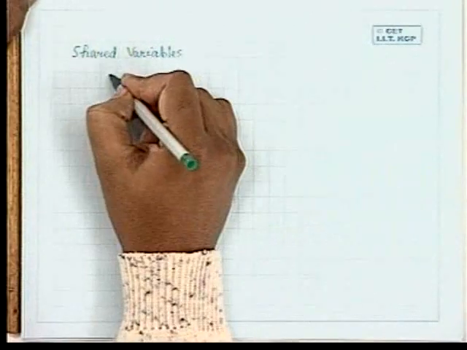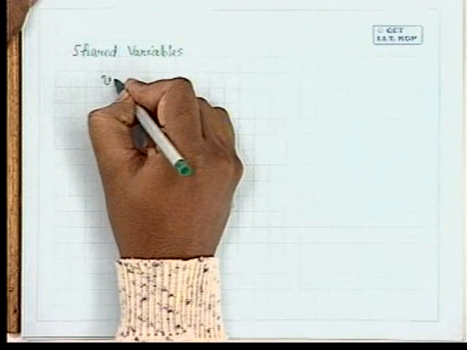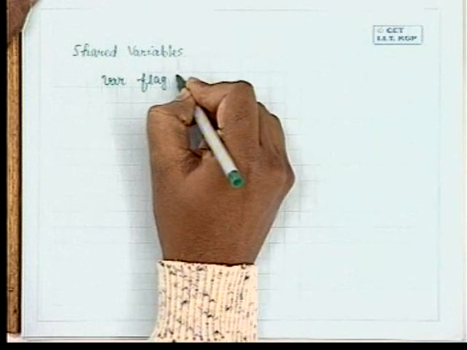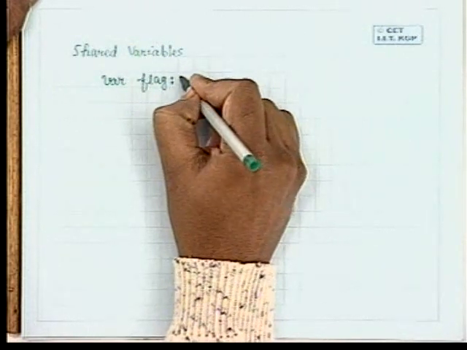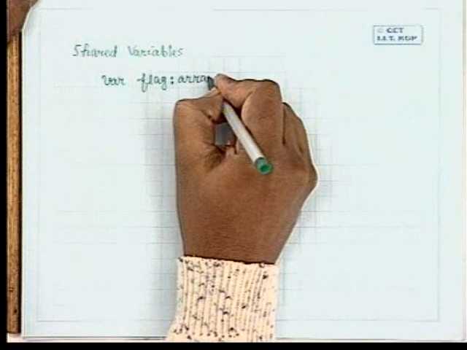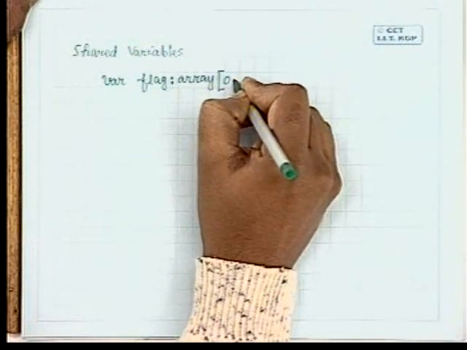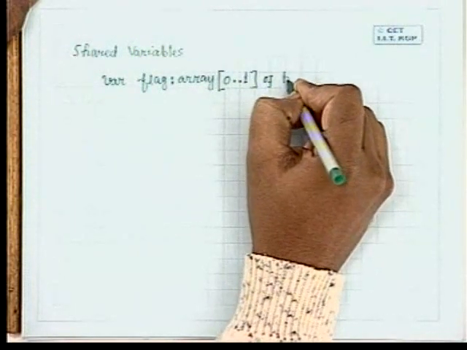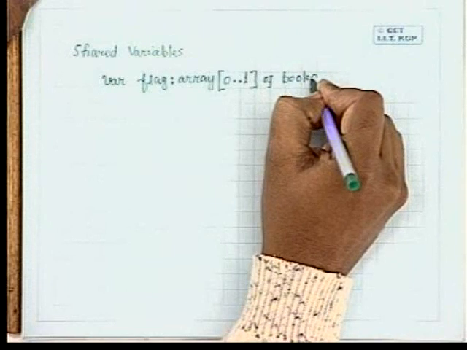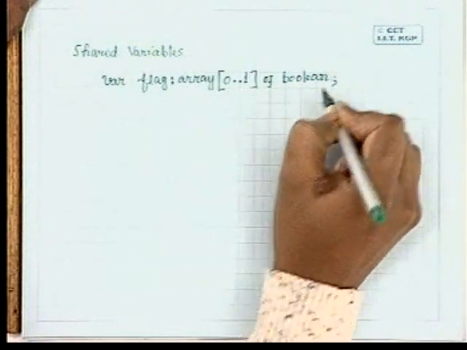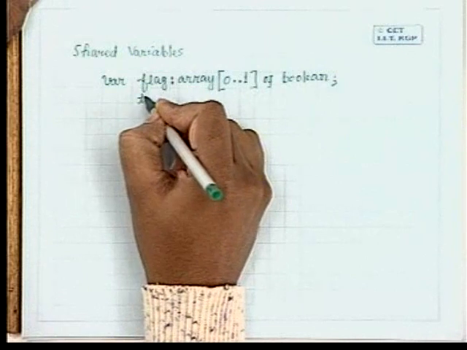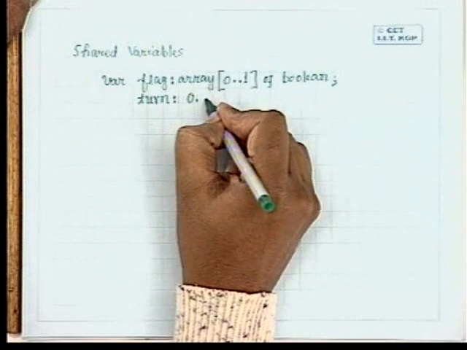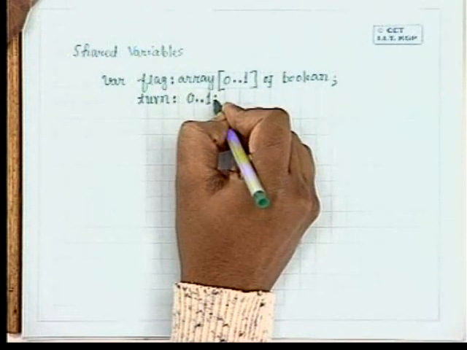One is flag, as before, that is an array of two elements of Boolean, and in addition this will also use the shared variable turn, which can assume either value 1 or value 0.